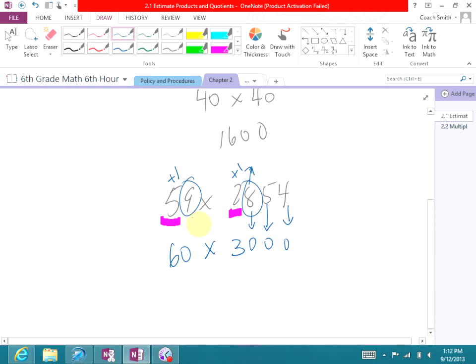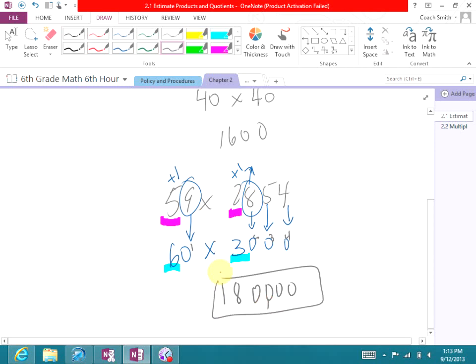We did the same thing over here, I just didn't draw the arrow to it until now. So you basically have 60 times 3,000. Don't make this harder than it is. What is 6 times 3? 18. And I have 1, 2, 3, 4 zeros. That's all you have to do. And that's the estimate.